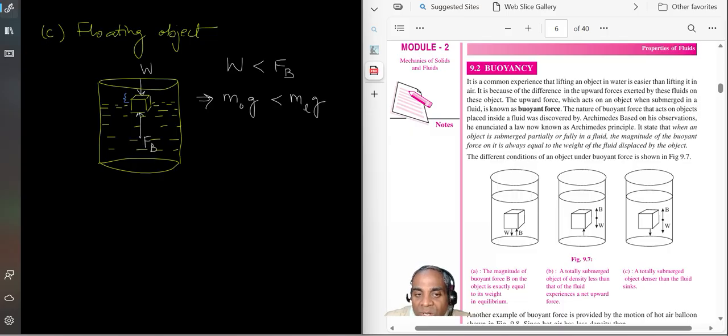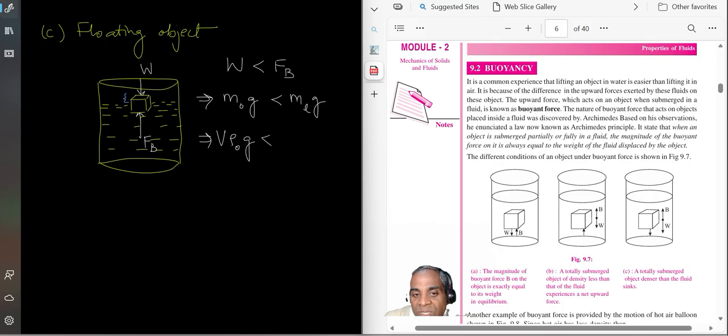Now this mass of the liquid displaced is not entirely due to the object. Let's come to the volume, then we'll understand. So mass is nothing but here the volume of the solid, which is V, what we took previously, into density of the solid into G.